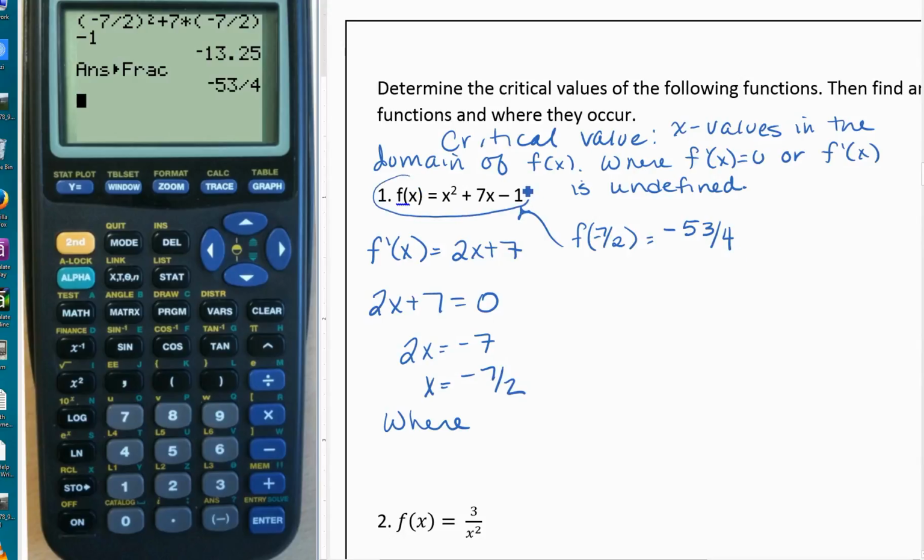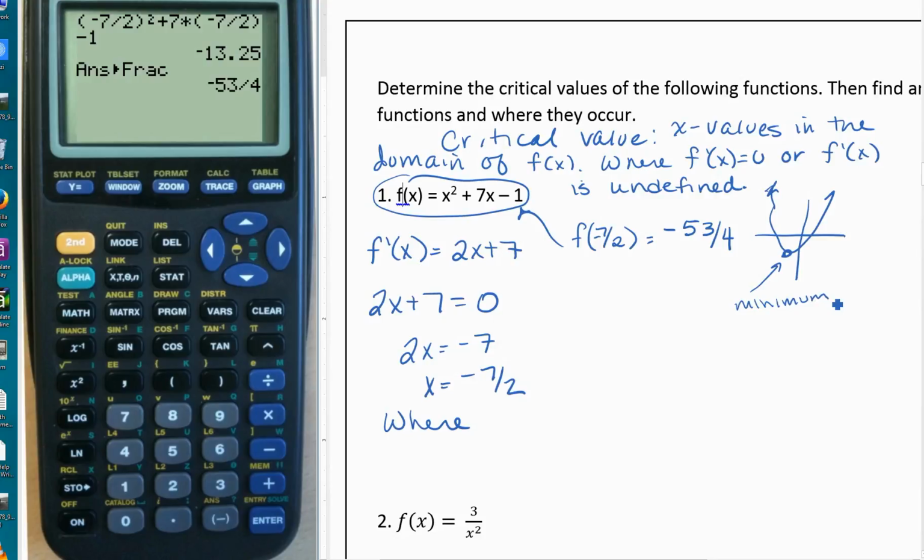Now, to know whether this is a min or a max, let's just think about what we know about this function. So from previous classes, you should know that x squared is going to give you a parabola. And with the a value, the coefficient of the x squared being positive, being 1 in this case, we know it's going to be facing up. So what this actually gives you is your minimum value. So in pre-calc, you might have learned the vertex formula.